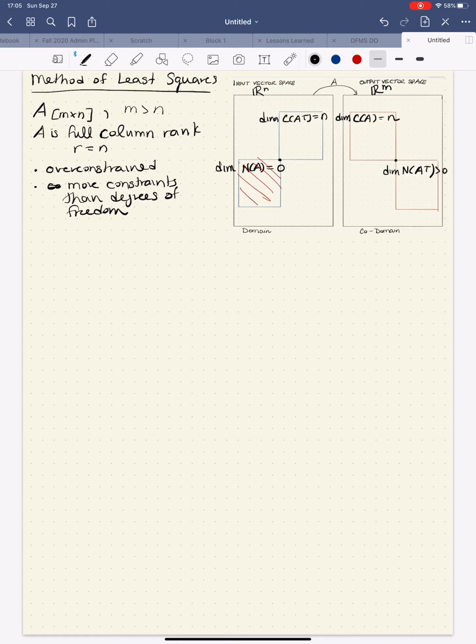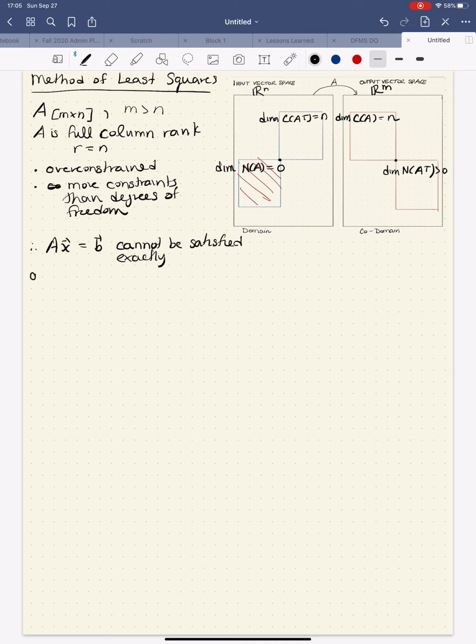And the odds of that actually happening, the odds of b being in the column space of A, are astronomically small. So what we are left to believe here is that the equation Ax equals b cannot be satisfied exactly. Said another way, Ax equals b has no solution.